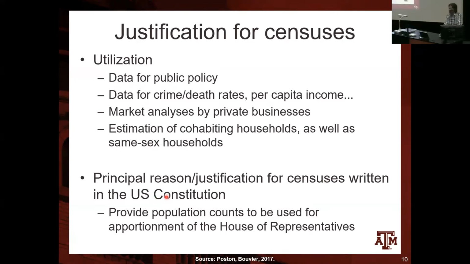They tried to add a question about citizenship to the short form. If you include that question, it's really likely that the response rate will decline, and then the overall quality of the census would get worse.